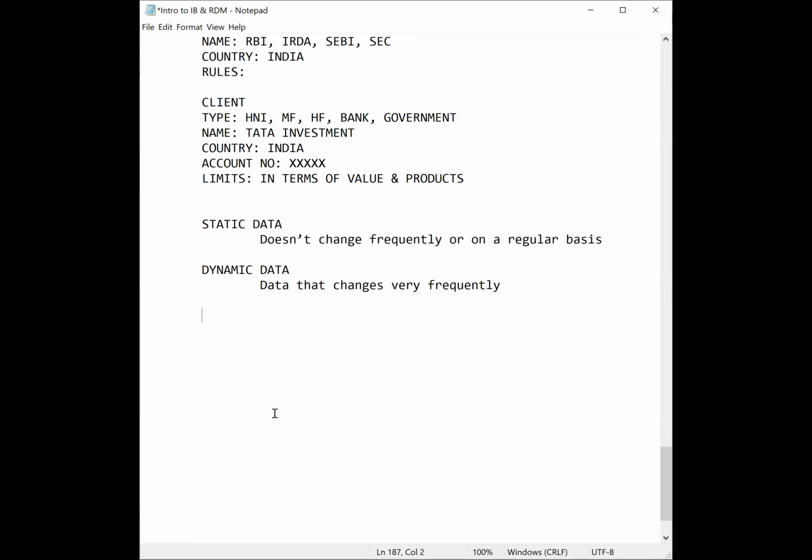So let's talk about security identifiers. Important thing to know. I mean, you will not mug up, but you should be aware that there are security identifiers. When you look at the securities worldwide, there are thousands and thousands of securities, so there has to be a way to identify the different securities.